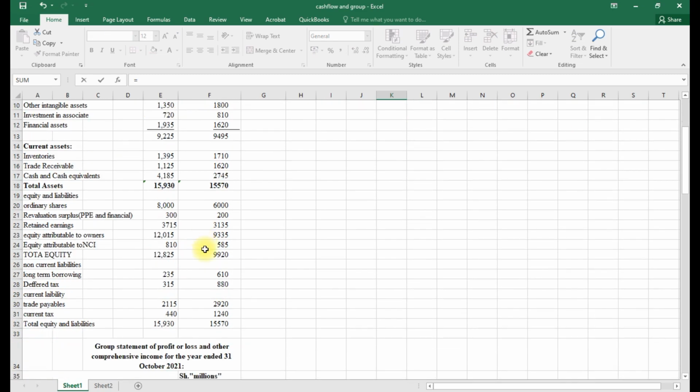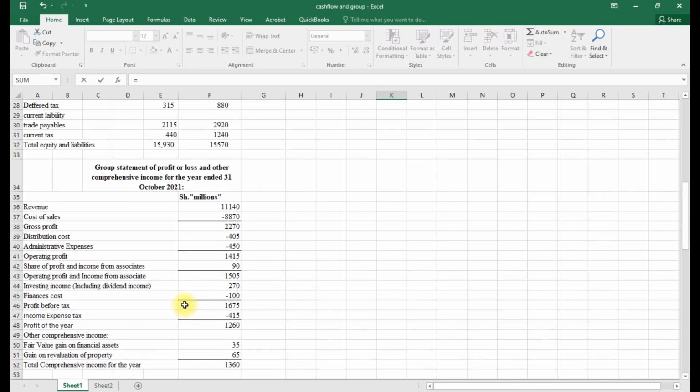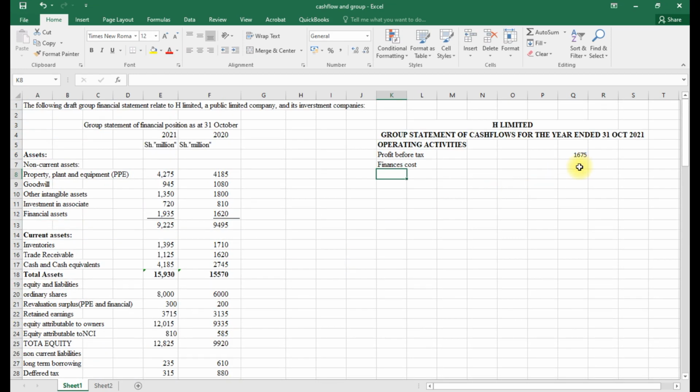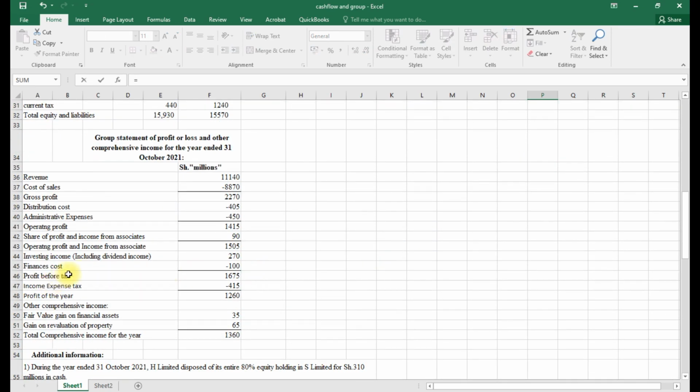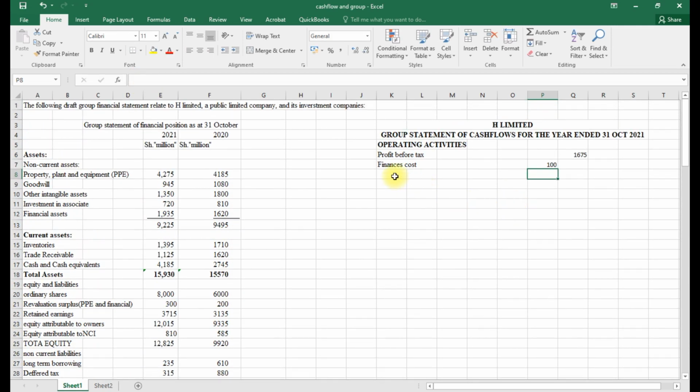We shall add back whatever we had in the income statement, starting with finance cost. Our finance cost here, we add it back. We'll put a negative because it was negative here, we needed to add it as a positive.